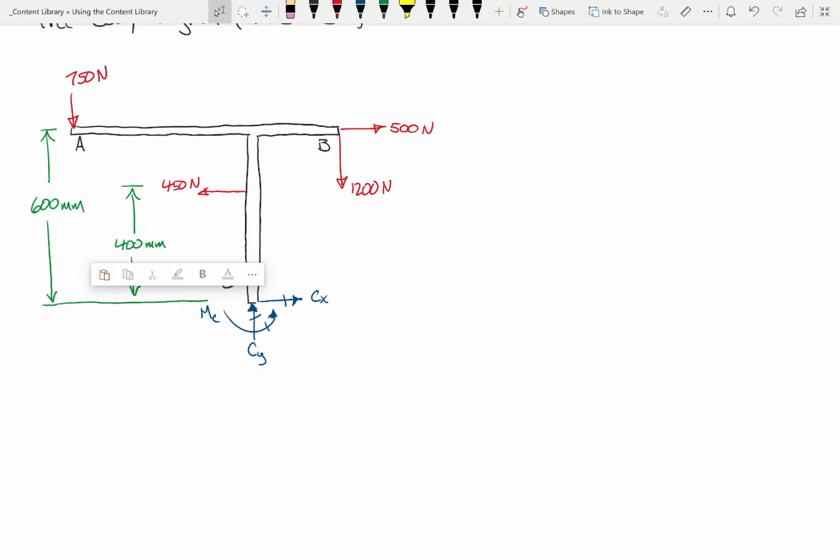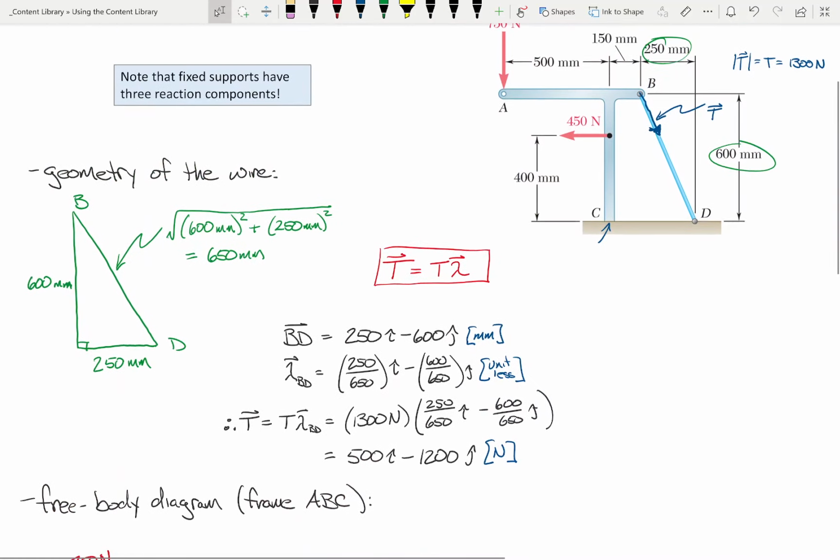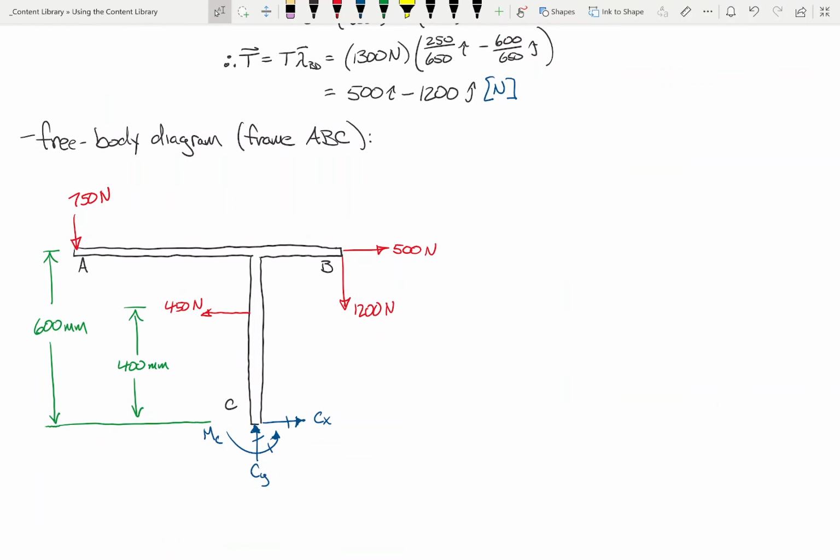These dimensions, I'm just pulling from up here so that they're all there. Speaking of, this is 500. This dimension is 150 millimeters. And I think that's all of them.